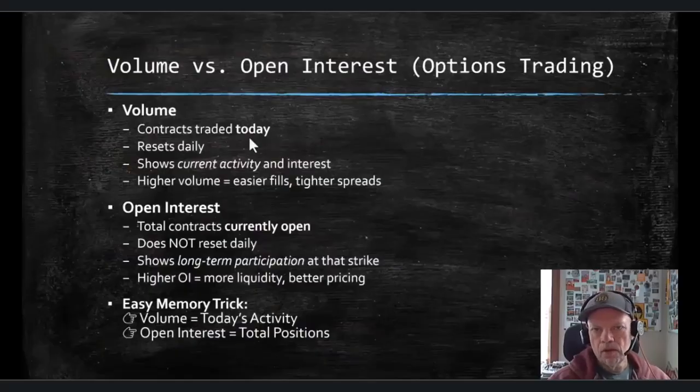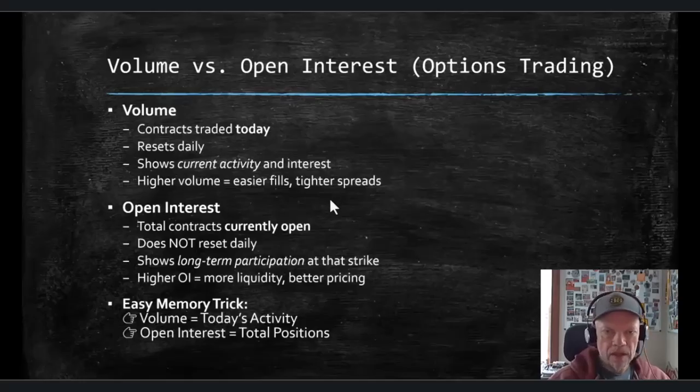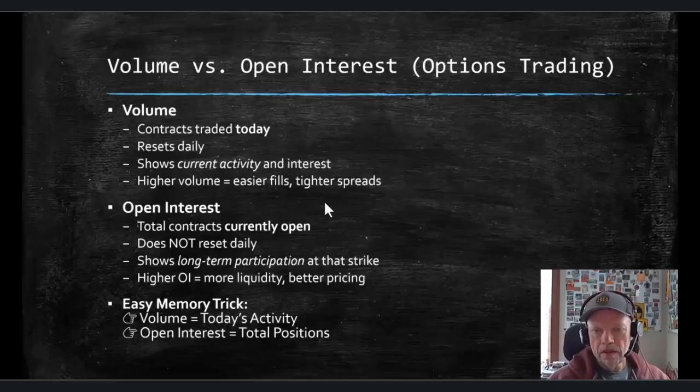Second of all, let's look at what volume versus open interest is. The volume are the contracts traded today. It resets back to zero each day, shows the current activity, and the higher the volume, the easier it is to fill, and the tighter the spreads. So the tighter between bid and ask, it might be like 3 cents between the bid and the ask.